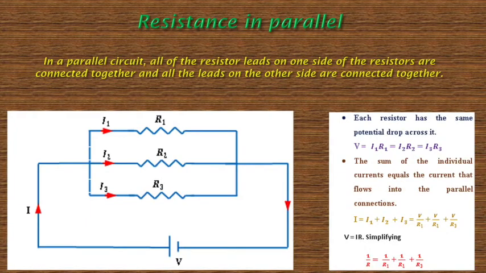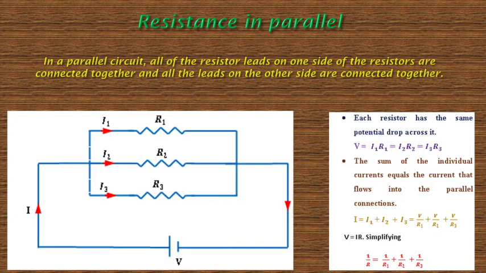Resistance in parallel. In a parallel circuit, all of the resistor leads on one side of the resistors are connected together and all the leads on the other side are connected together.